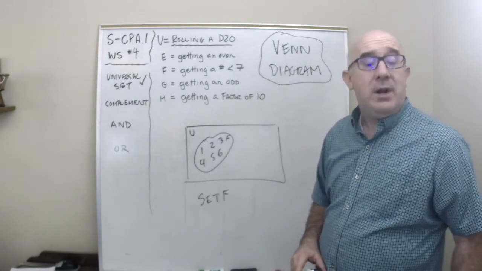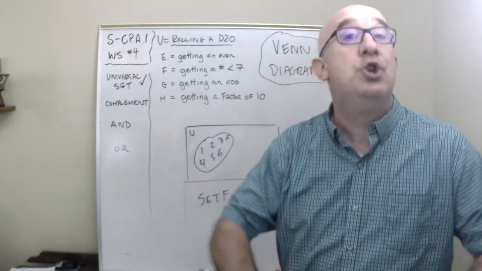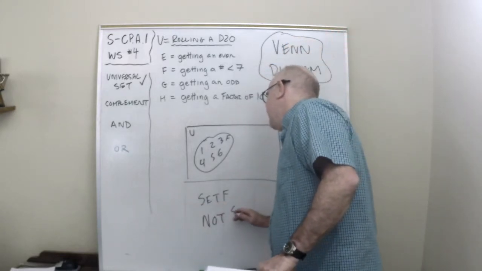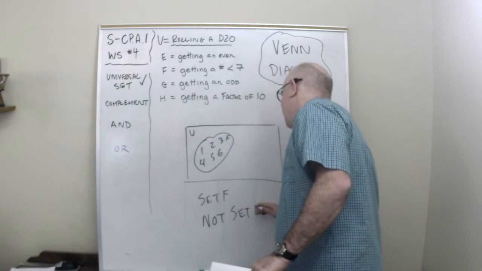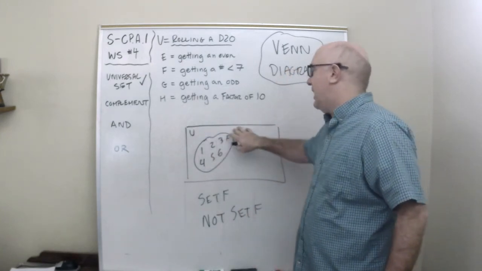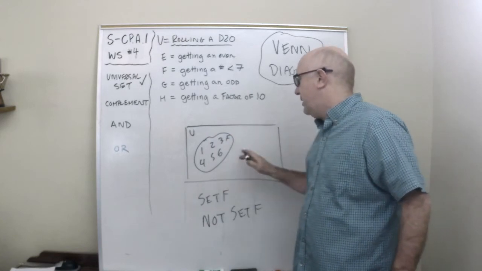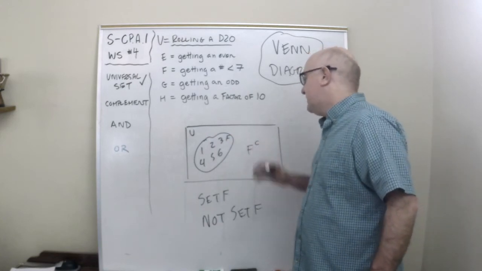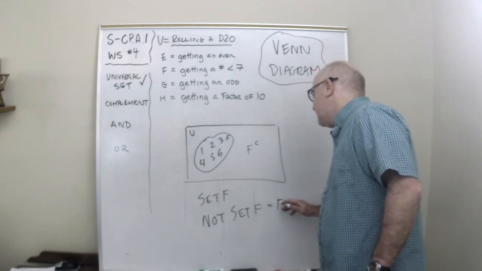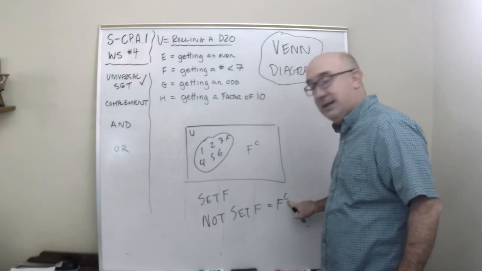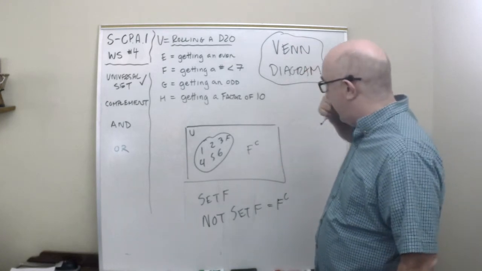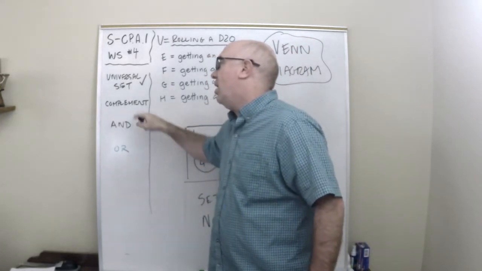Now, if you want to talk about everything that is not in F, things that are not in set F but are in the universal set, it would be everything outside of that. So out here would be F^C. Now you say, what does the little C stand for? It's a little tiny C, goes in the superscript there, and it represents the word complement.